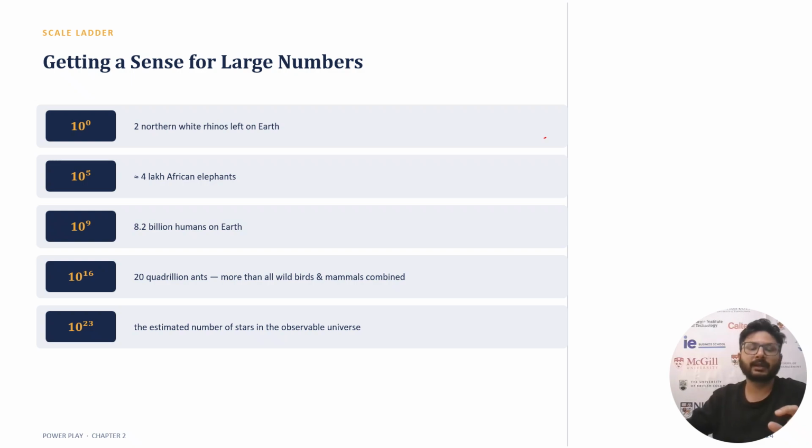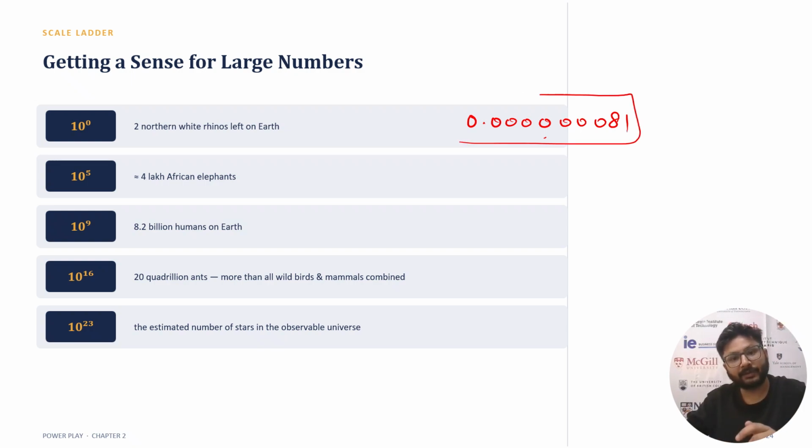So for example, if I have to write down the number 0.00000081, writing it in this format again and again will take a lot of time since it is a very small number. I'll convert it into the exponent notation or the scientific notation.